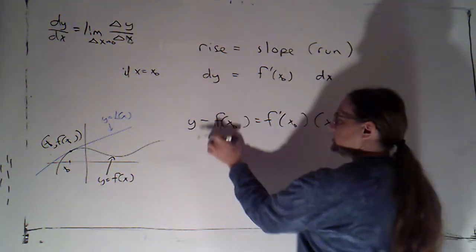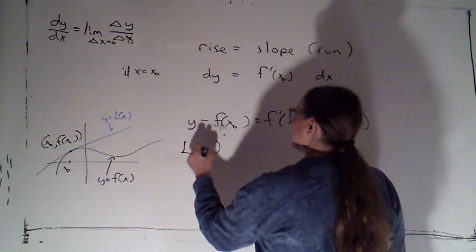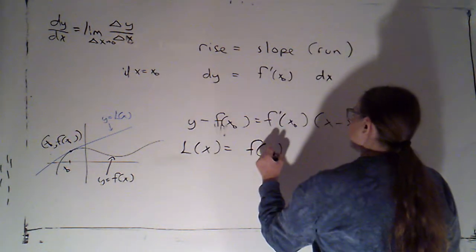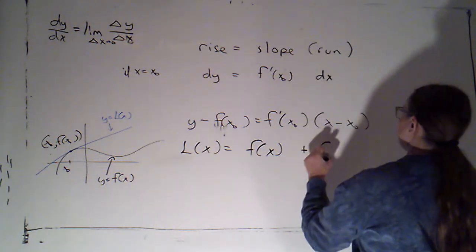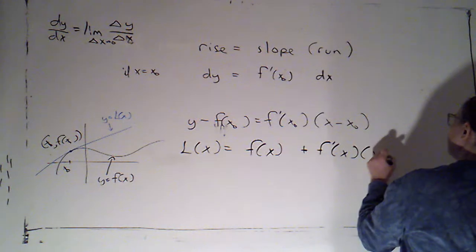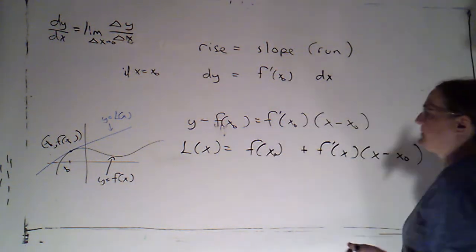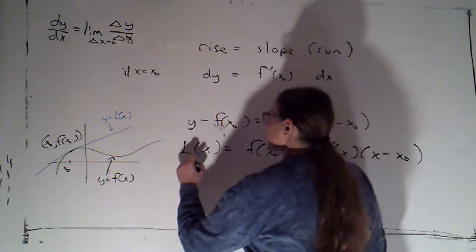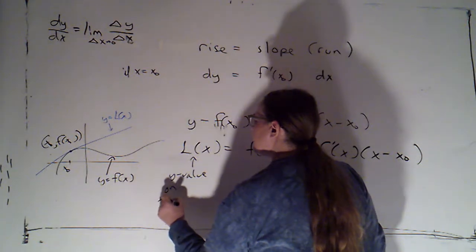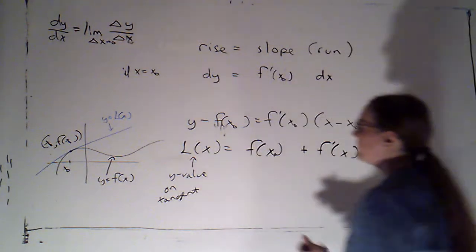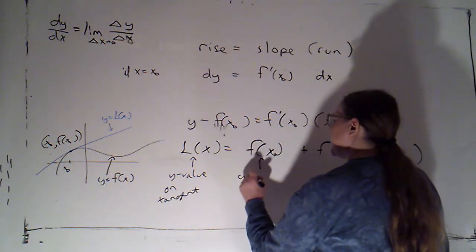And generally what we do is we add this over and we name our y value L of x to indicate that it's the tangent line, not the original function that we're talking about. Now this just gives me a slightly different way of viewing this. So this is saying this is the y value on the tangent line. That's what L of x represents. This is saying it's the y value at the point of tangency.